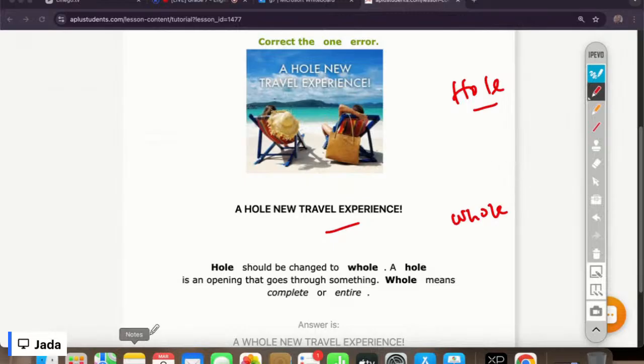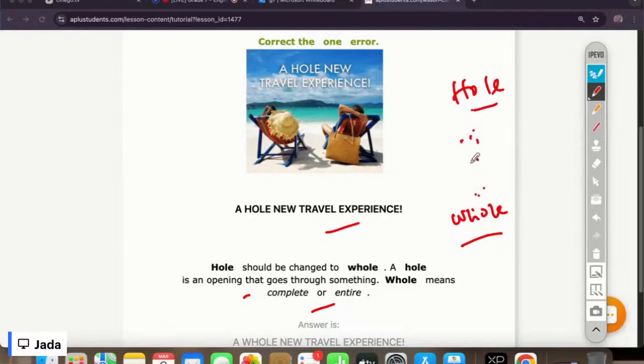All right, a hole is an opening that goes through something. Whole means complete or entire. When you say whole here, it means complete or entire. And the other one is an opening that goes through something, like dig a hole under the ground, something like that.